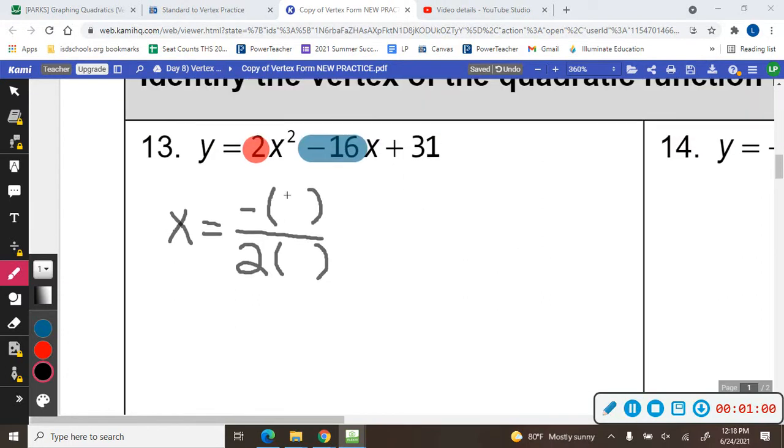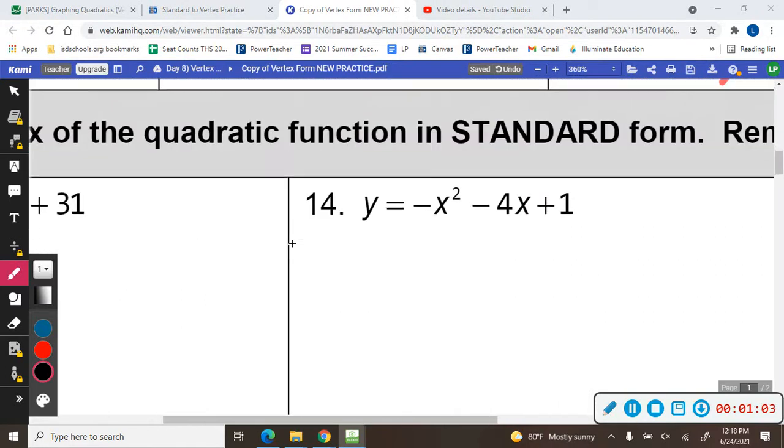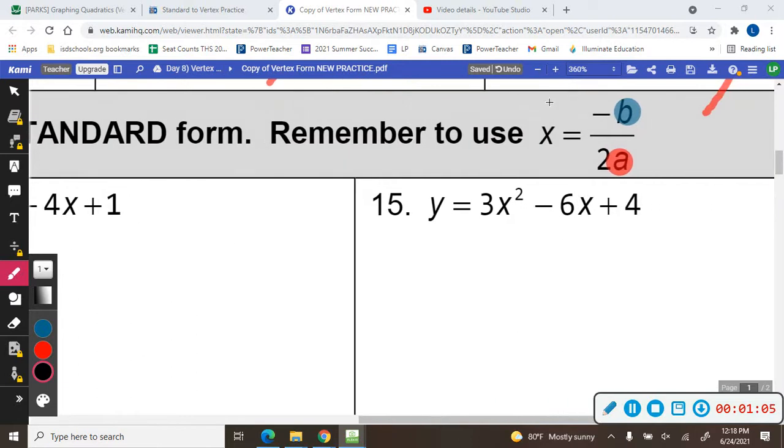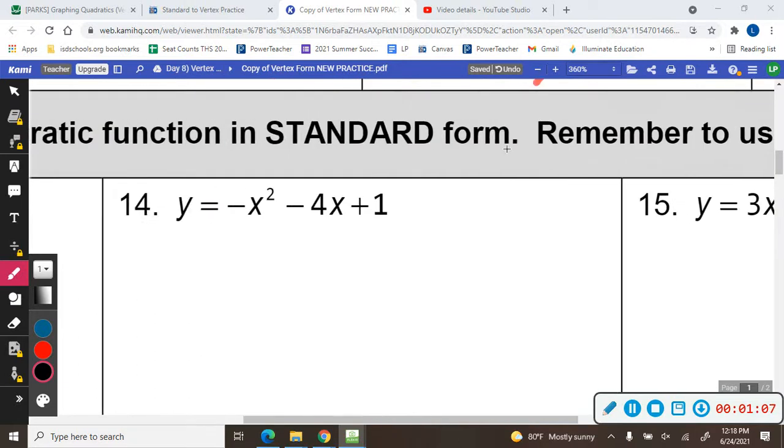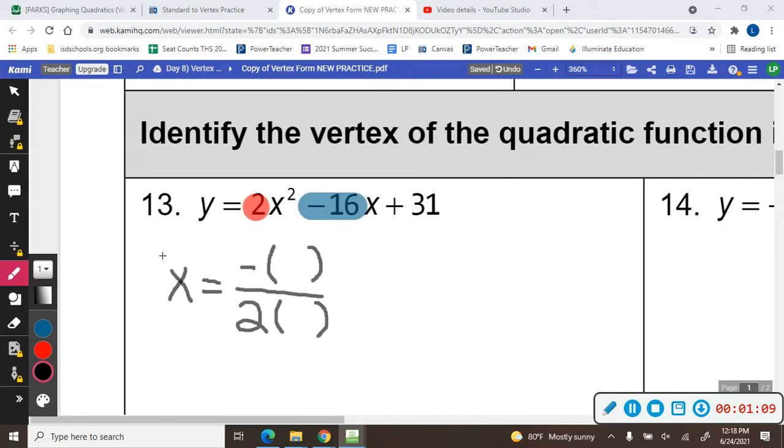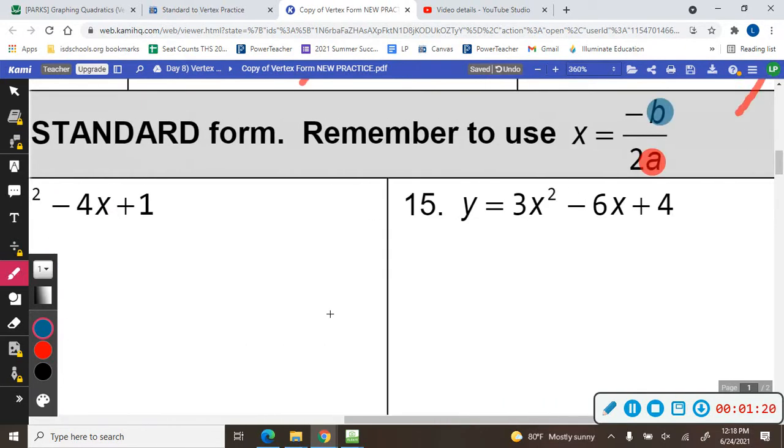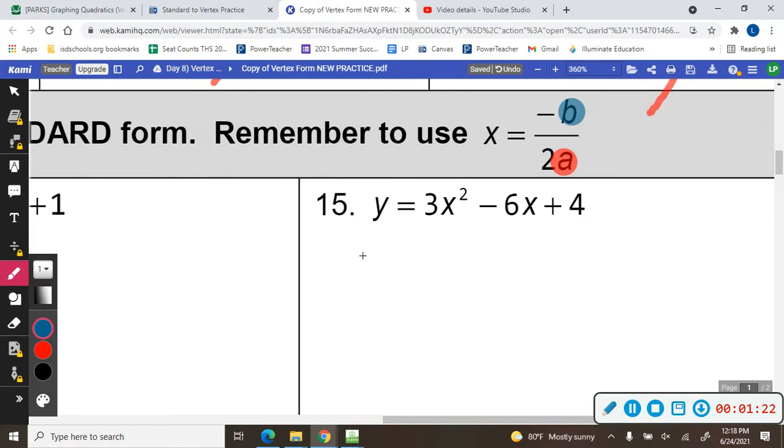So I just need to substitute values in. And the first value I see is b. b goes on top. My b is negative 16, so I need to put a negative 16 right here. This value, if you look at it, is a. So it's negative b over 2a.